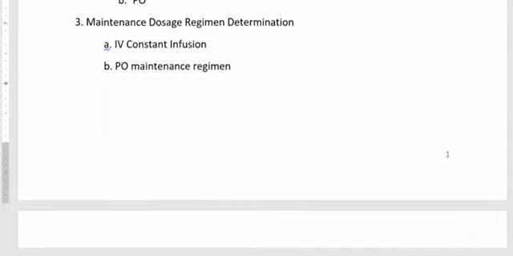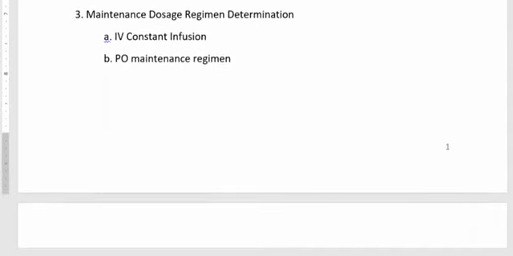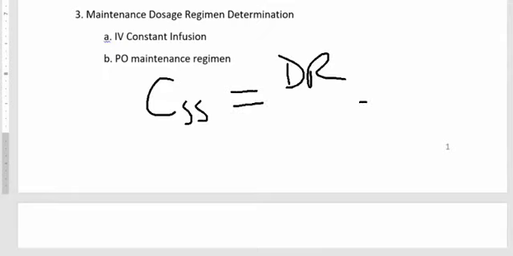We already figured out our maintenance dose, but let's do it again. To figure out a constant infusion is super simple, right? It's just your concentration at steady state is going to be equal to your dose rate in over your clearance.